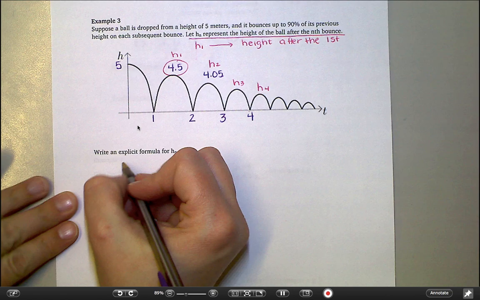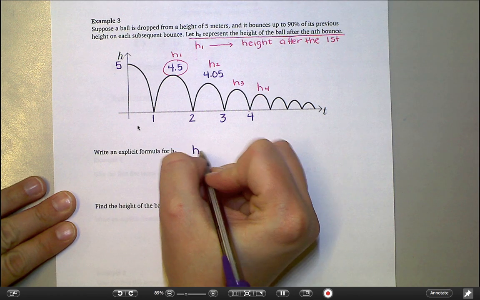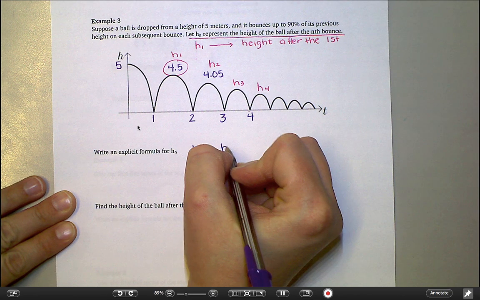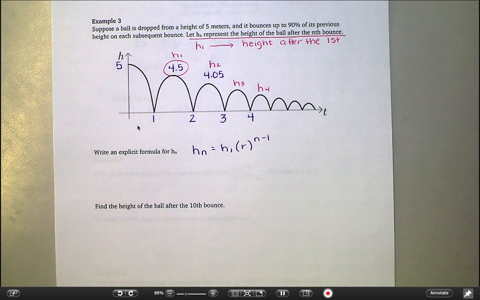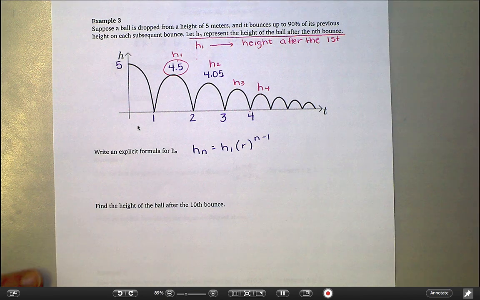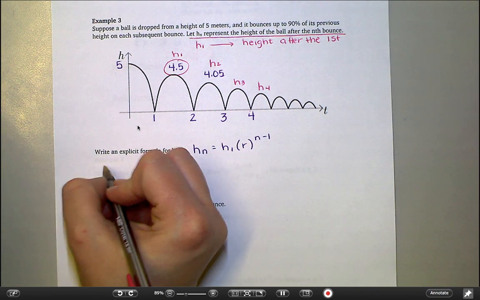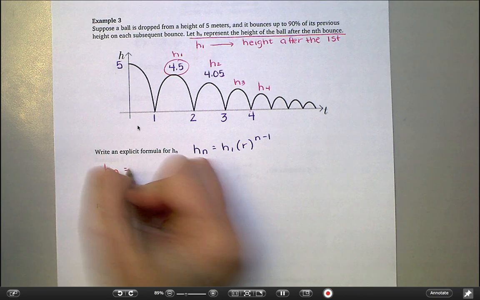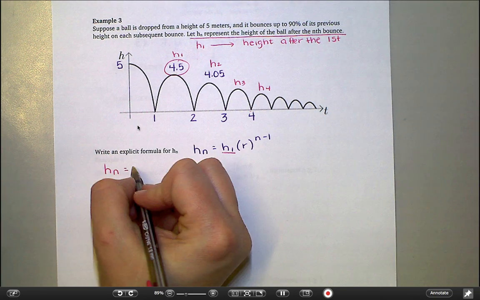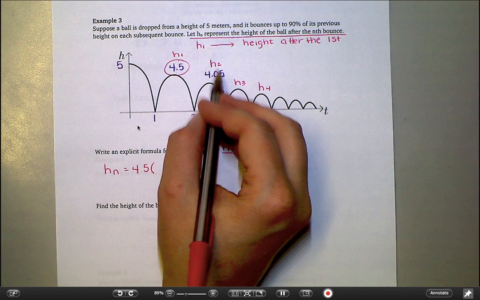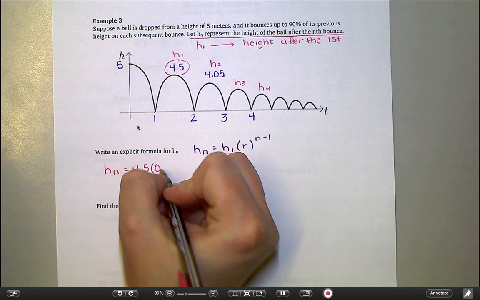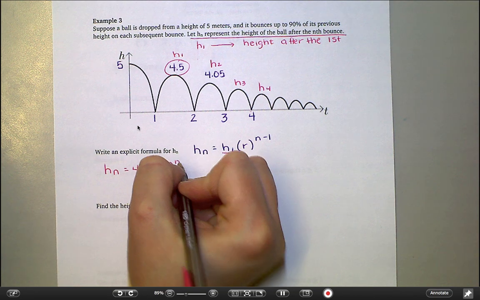Our explicit formula that we wrote down a second ago looked like this. Okay? And on the other page it was with G's instead of H's, but same idea. So for our purposes, we're going to write h sub n equals h1, which we agree is 4.5, times our r value, that's what we multiplied by, that would be 0.9 to get the 90%, to the power of n minus 1.